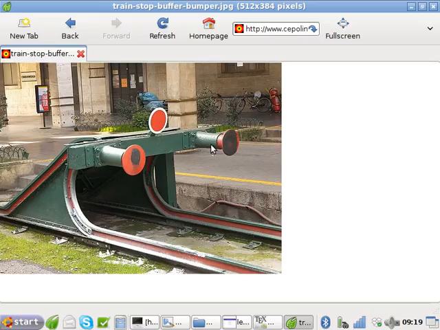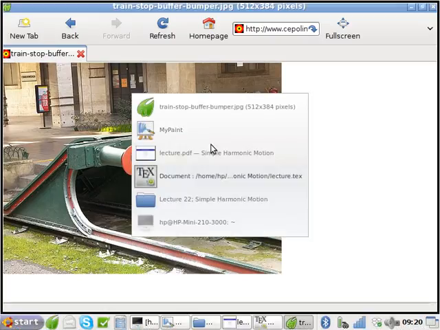Now look, you see this little part here? This moves in a little bit. Compress. So they're like springs. That's my point.